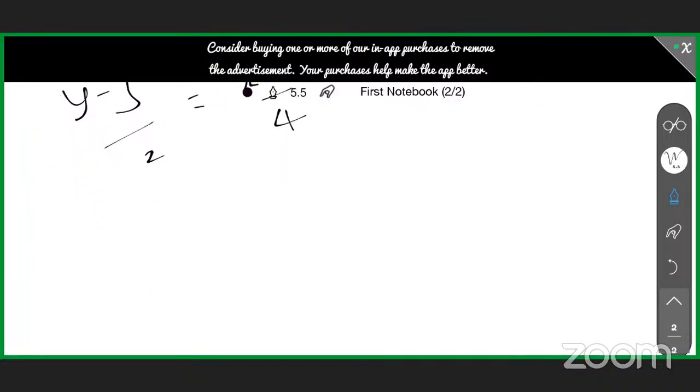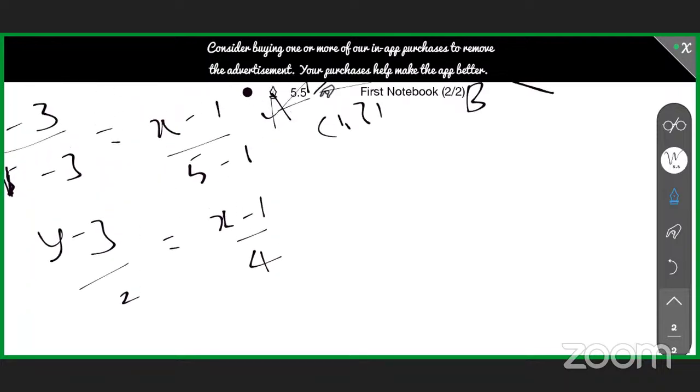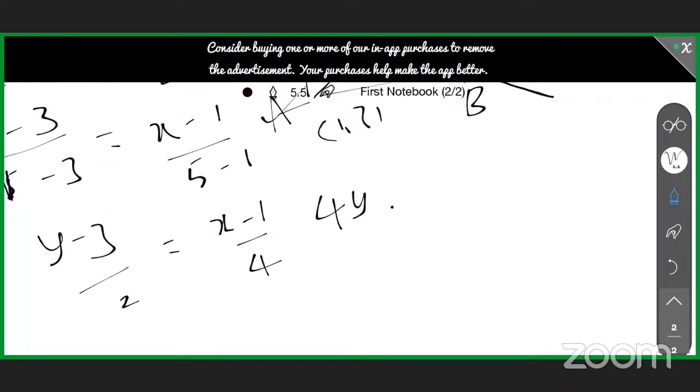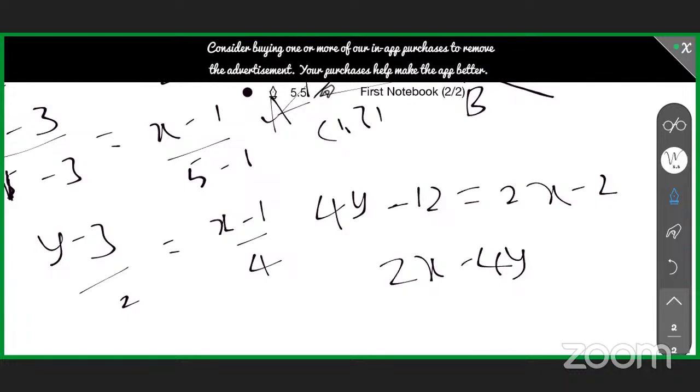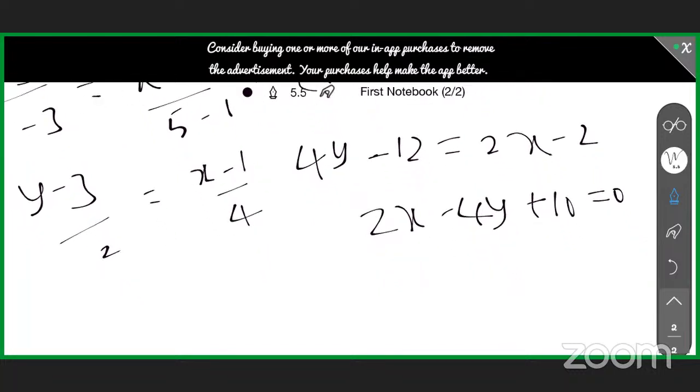So 4y minus 12 is equal to 2x minus 2, that is 2x minus 4y plus 10 is equal to 0. If I simplify this, it will be x minus 2y plus 5 is equal to 0.